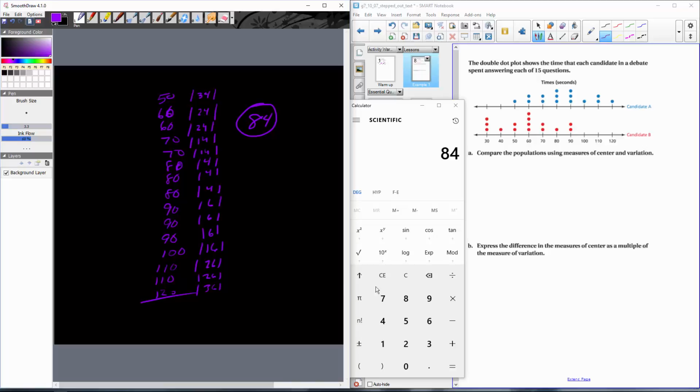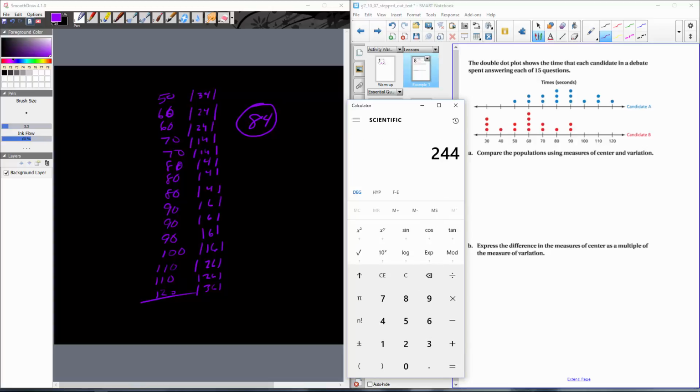Now I have to add all these numbers up. So I'm going to do 34 plus 24 plus 24 plus 24, plus 14 plus 14 plus 4 plus 4 plus 4 plus 6 plus 6 plus 6 plus 16 plus 16, 26 plus 26 plus 36.